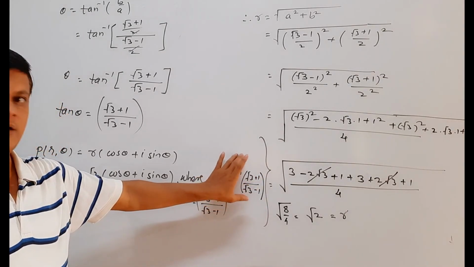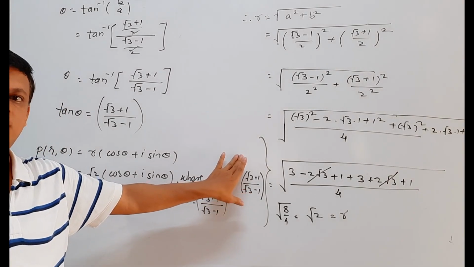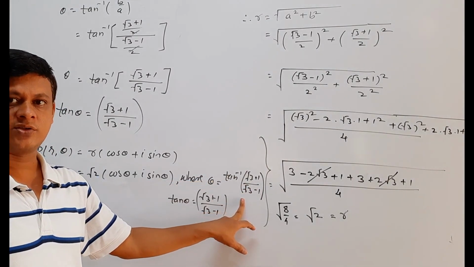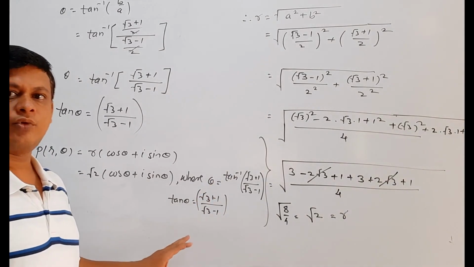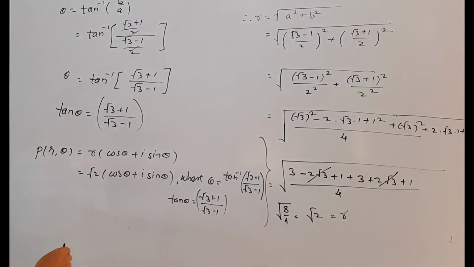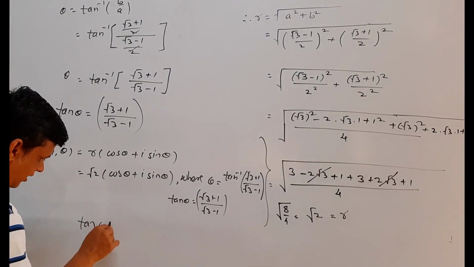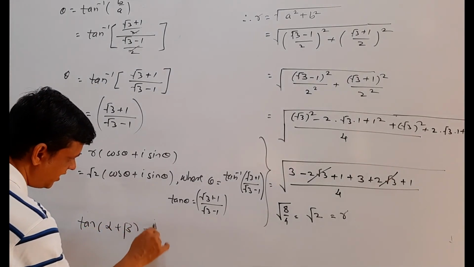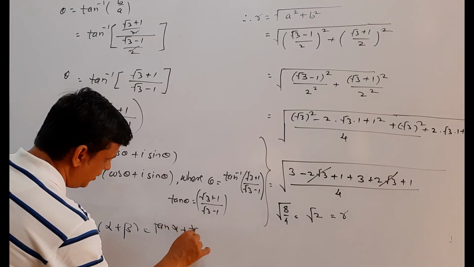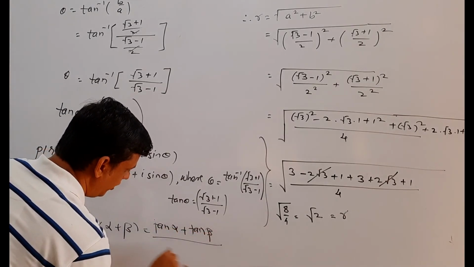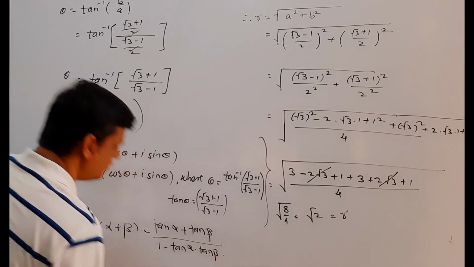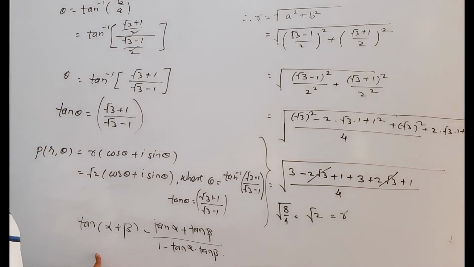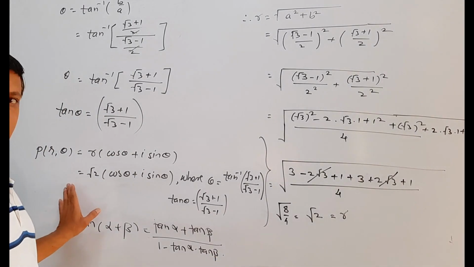How to calculate this value, we will see in detail in the inverse trigonometric functions chapter, by using the concept tan inverse of (x minus y) upon (x plus y), or using the concept tan (alpha plus beta) is equal to (tan alpha plus tan beta) upon (1 minus tan alpha into tan beta). So this will be the next part. We solve up to this step.